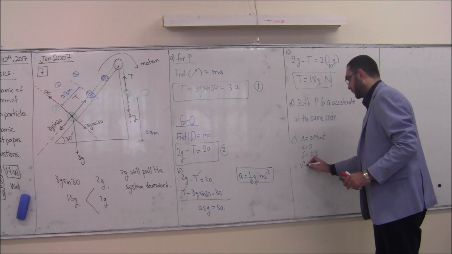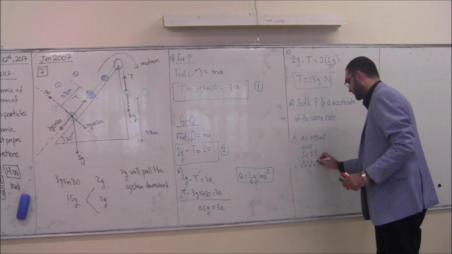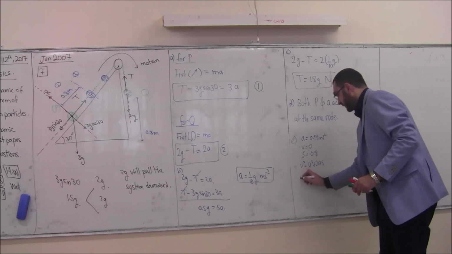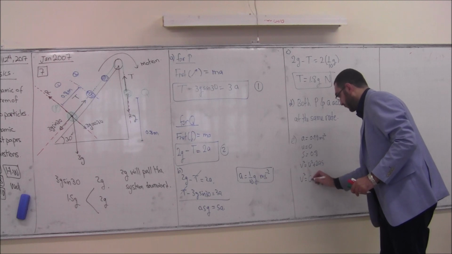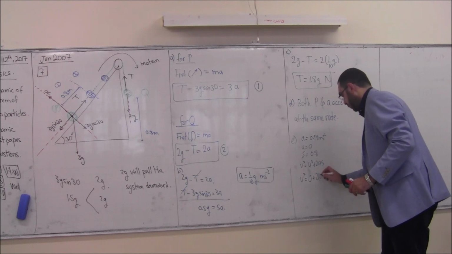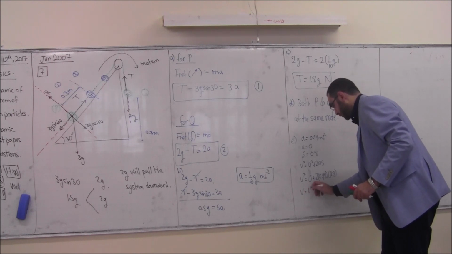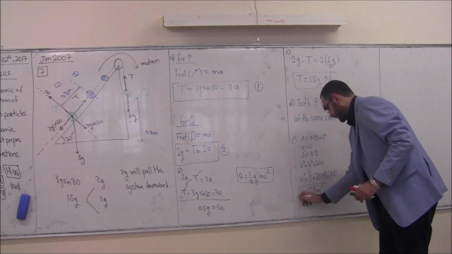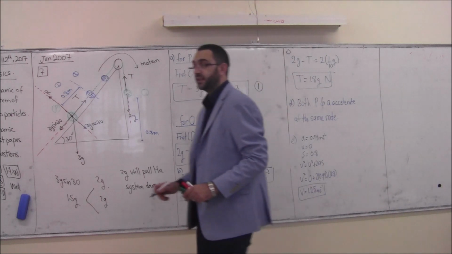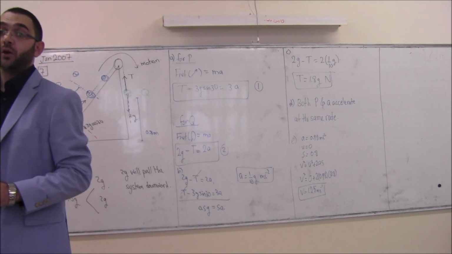So V squared equals U squared plus 2AS. V squared equals 0 plus 2 times 0.98 times 0.8, which gives 1.25 meters per second. This is V, just the initial.